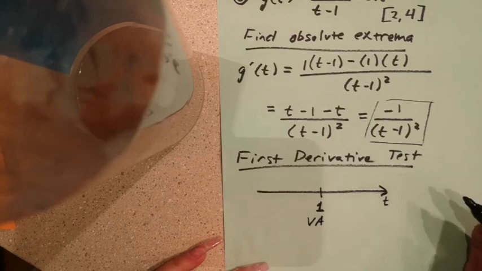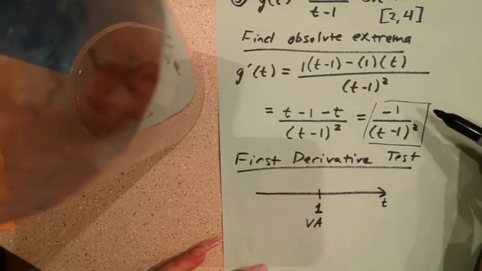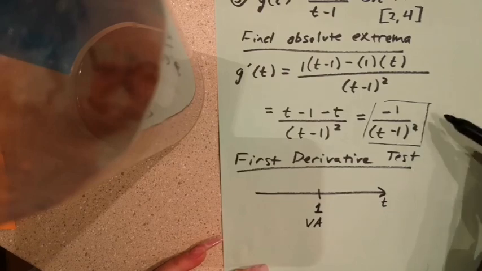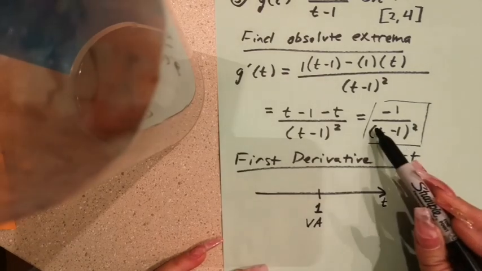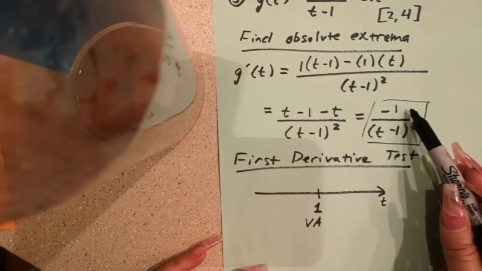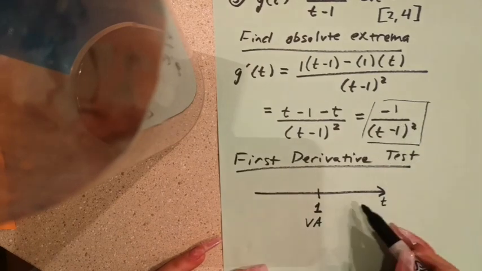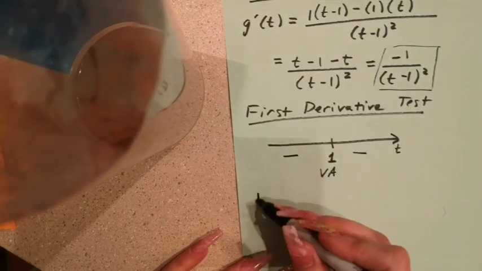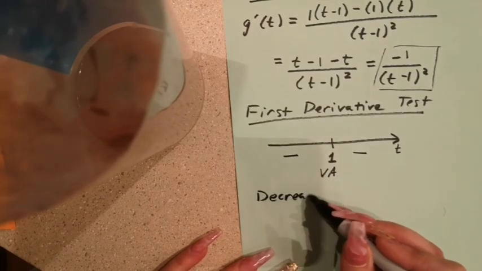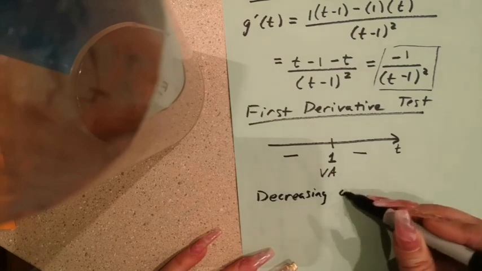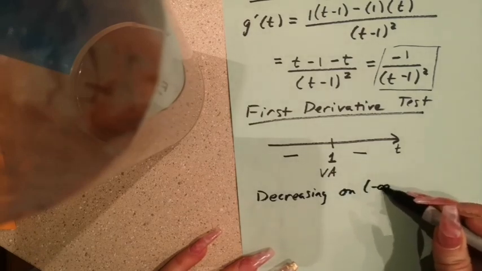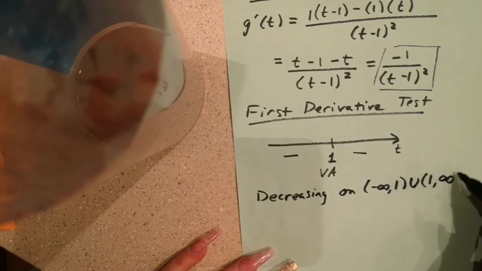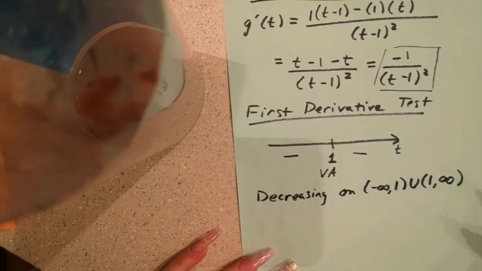Any value I plug in here, the denominator is squared, so I have a negative over a positive. So this function is always decreasing, at least across its domain: decreasing on negative infinity to 1, and again from 1 to infinity.